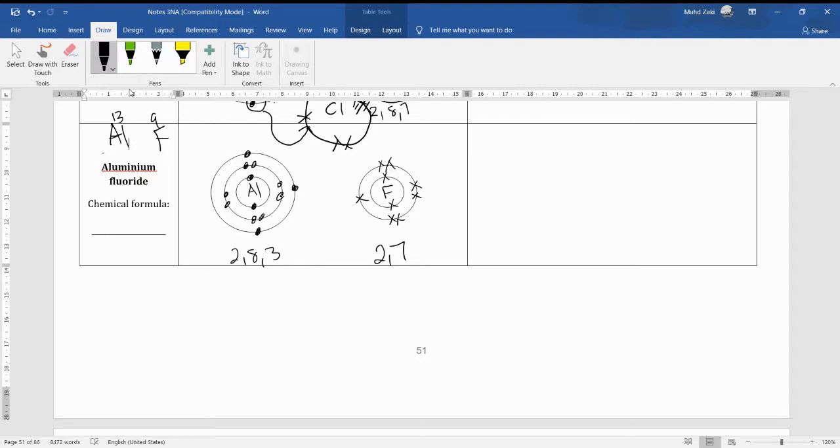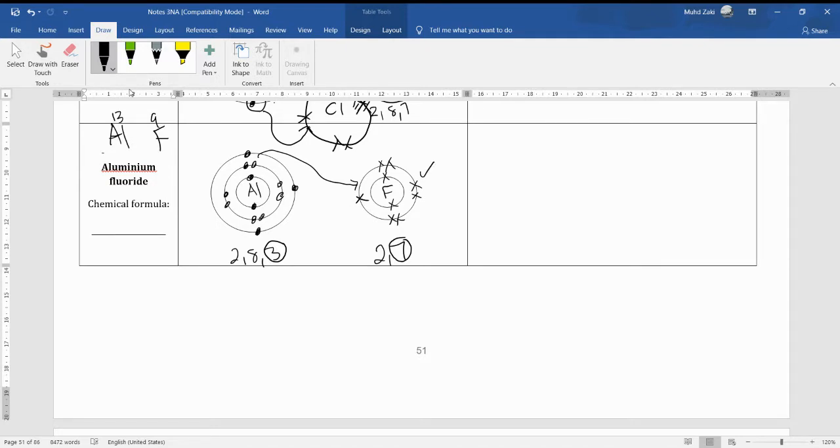Okay, again, we have the same problem like chlorine. Aluminium has 3 outermost electrons to lose, so that it becomes stable. And fluorine needs 1 more electron to make it 8. So this aluminium will transfer 1 electron to this fluorine, and this fluorine is complete. So what's the next step?